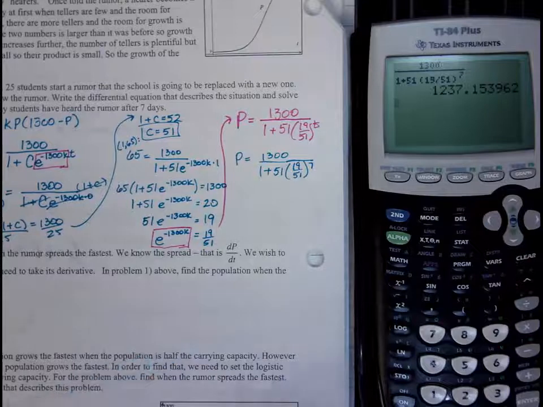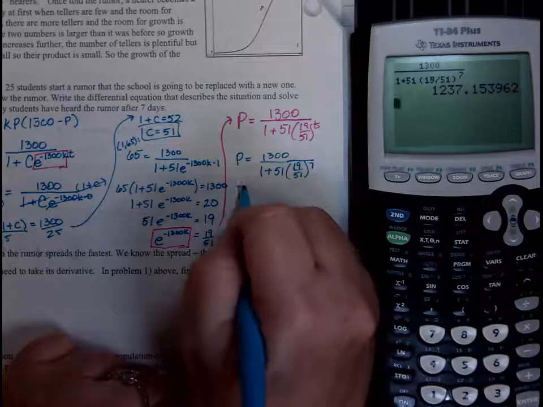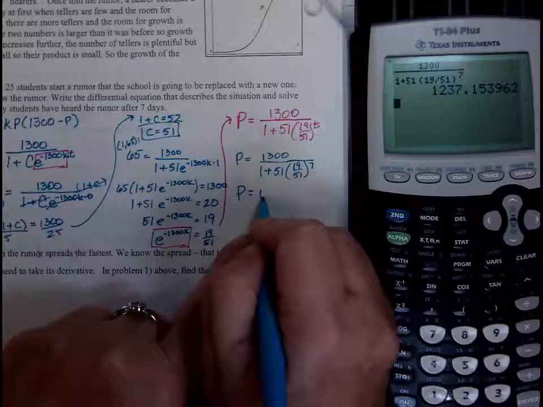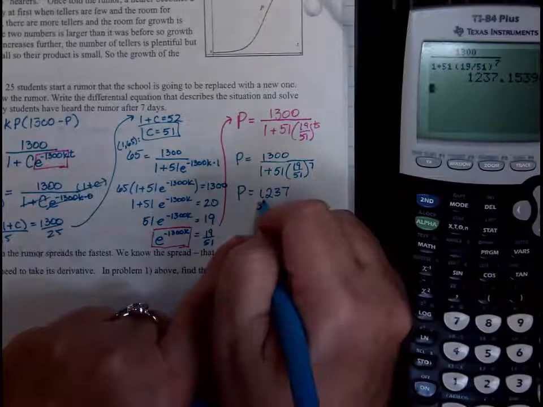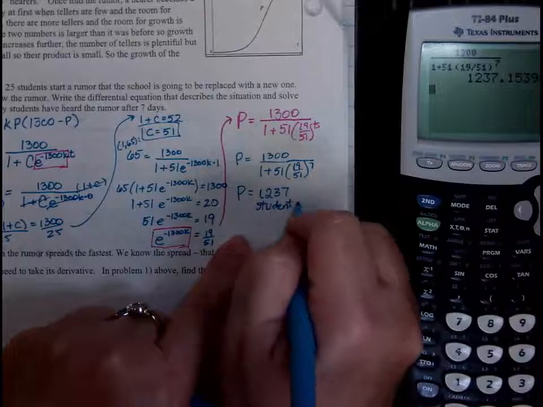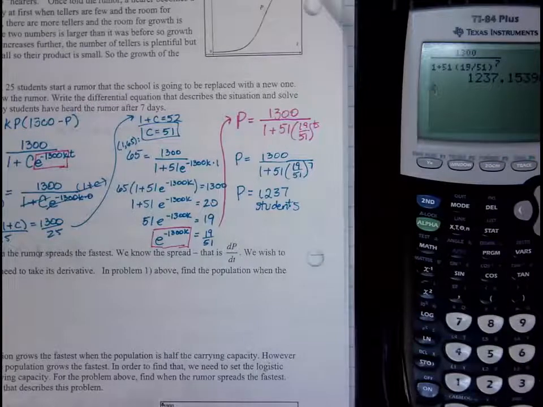Push enter, and in just 7 days 1,237 students have heard the rumor, and the population of this school is only 1,300. That's almost everybody.